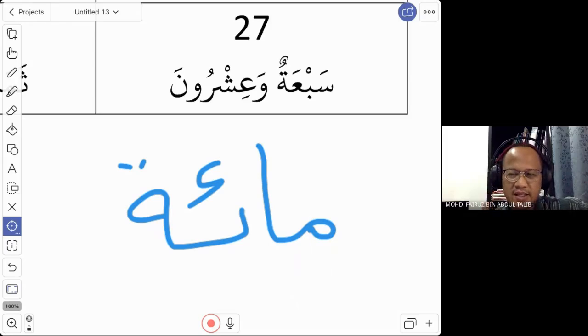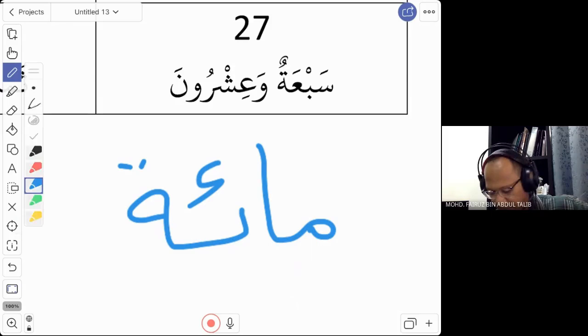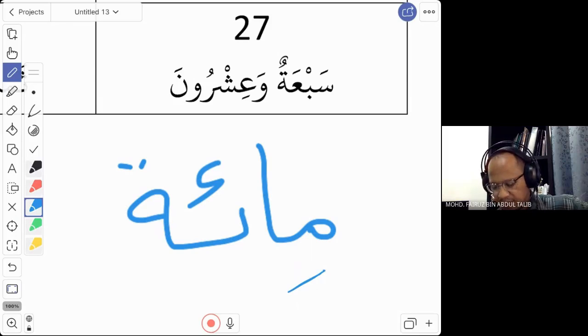But for this word, we don't say ma. Even though you have mim and alif, the vowel is mi. The alif here is not read. It is just the spelling. You don't use it as a long vowel. Therefore, this is mi.